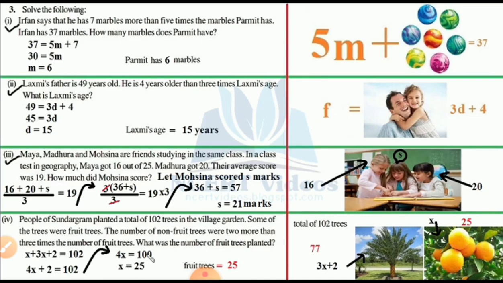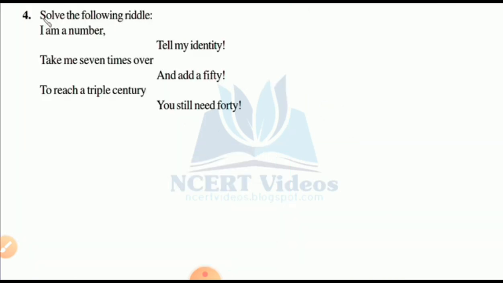Now removing 4 means dividing both sides by 4. On the left side only x remains. 100 divided by 4, what will be the answer? 25. Correct. Put the value here and you can find out. Fruit trees are 25. So what about the non-fruit trees? 3x plus 2. 25 threes are 75, plus 2, 77.